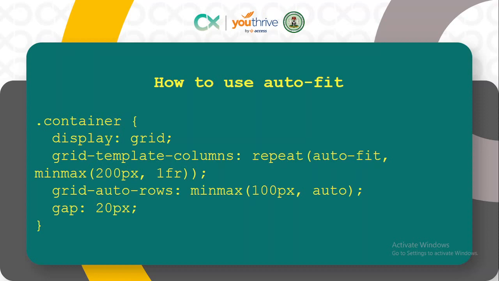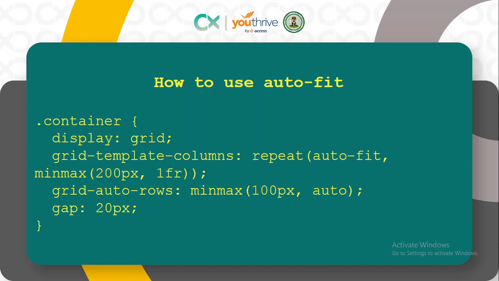Let's say we specify 2 columns, and based on the width of the grid item, it can contain 4 or 6, but the default behavior is that it will obey and maintain just those 2 columns.